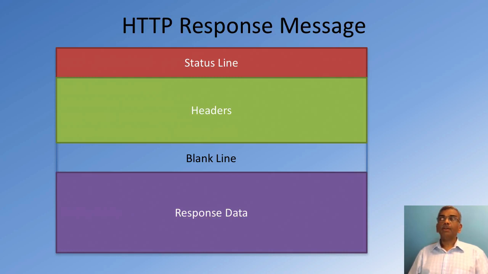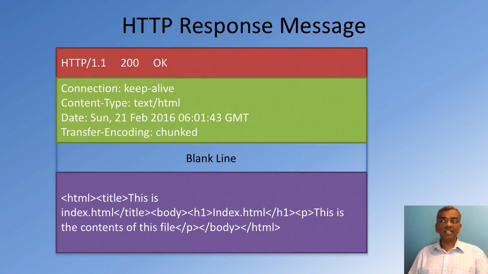An example of what would typically be contained in an HTTP response message. In this case, this response message is coming back with a 200, which is the status code of the message. If you see a 200 as a status code, it means that your request was successful and the server is able to return the data that you have requested from the server side.